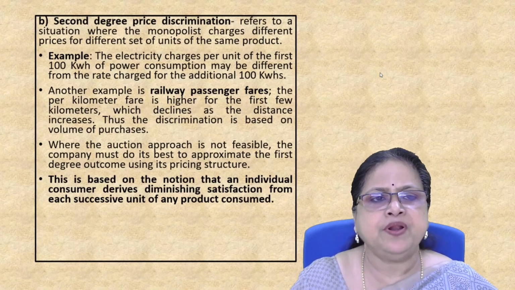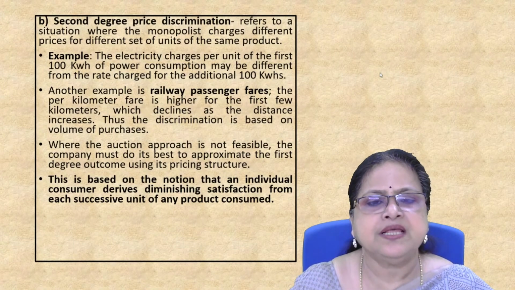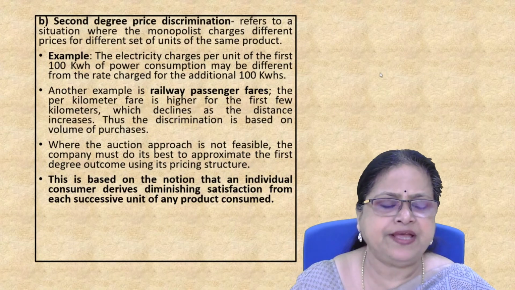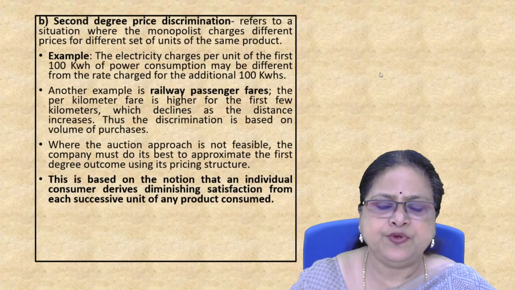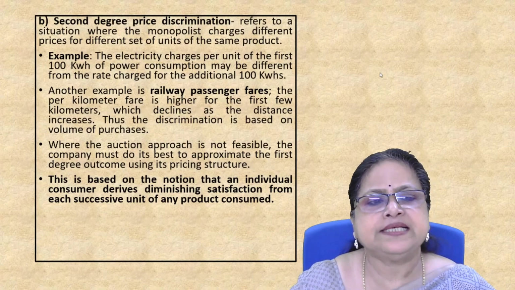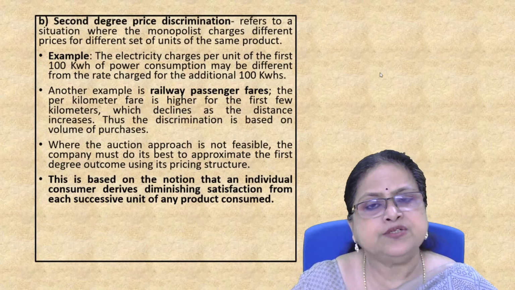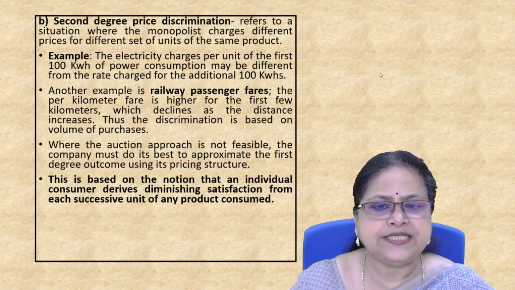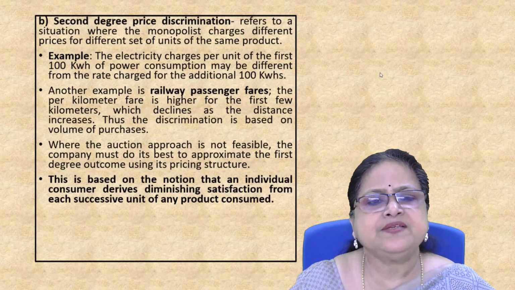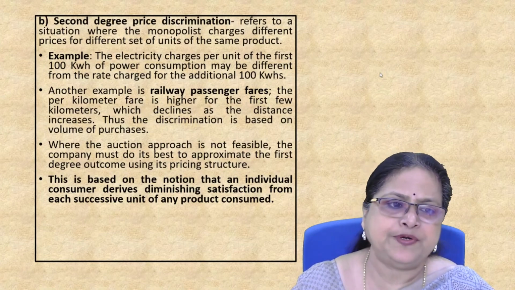This is one example of second degree price discrimination. Similarly, railway passenger fares. The per kilometer fare is higher for the first few kilometers while it declines as the distance increases. That is also known as telescopic pricing or telescoping charges. So, the discrimination is based on volume of purchases.